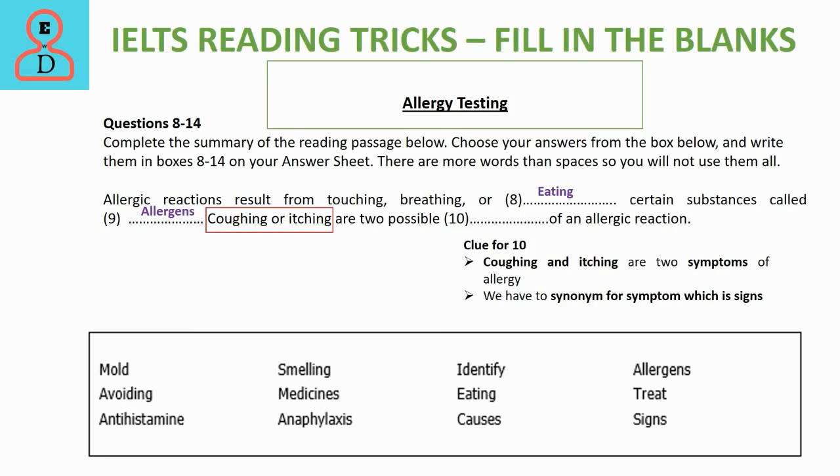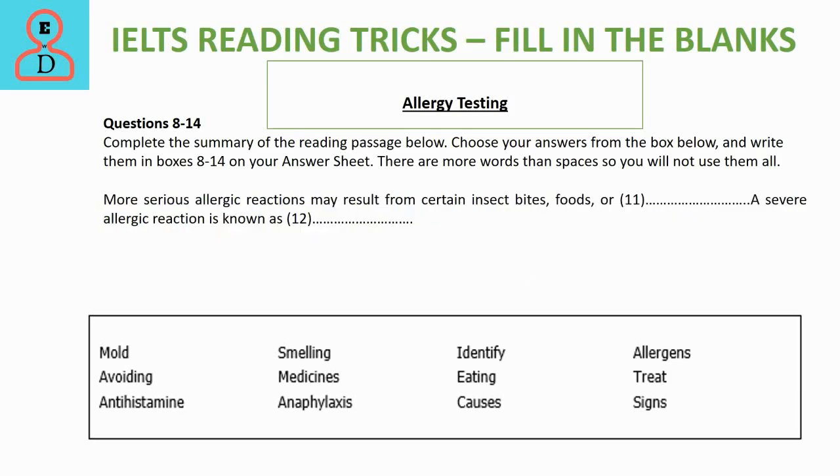We know coughing or itching are generally described as symptoms or effects of any disease. So, we have to look for synonyms of symptom or effect, and we know signs is the synonym of symptom. So, we write signs as our answer here.